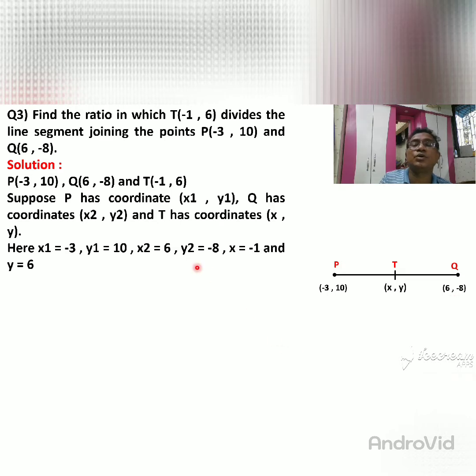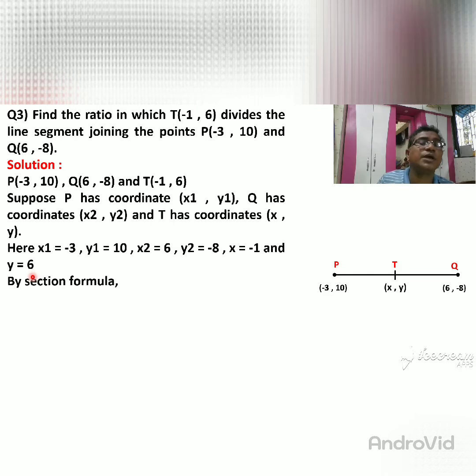Here the x value is given as -1, that is the T point, and the y value is given as 6.